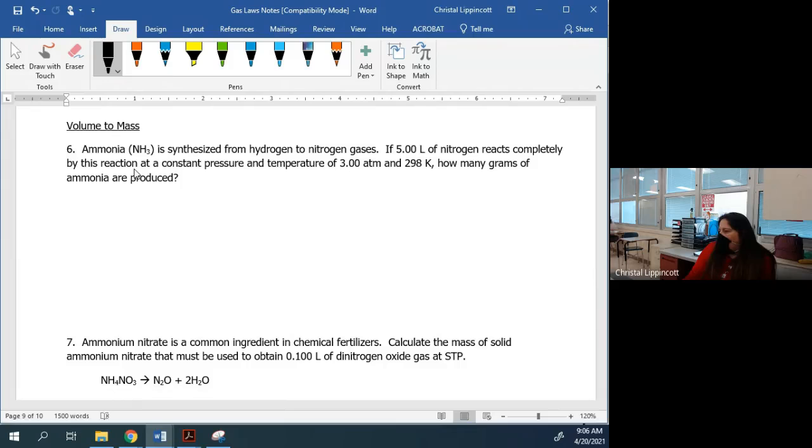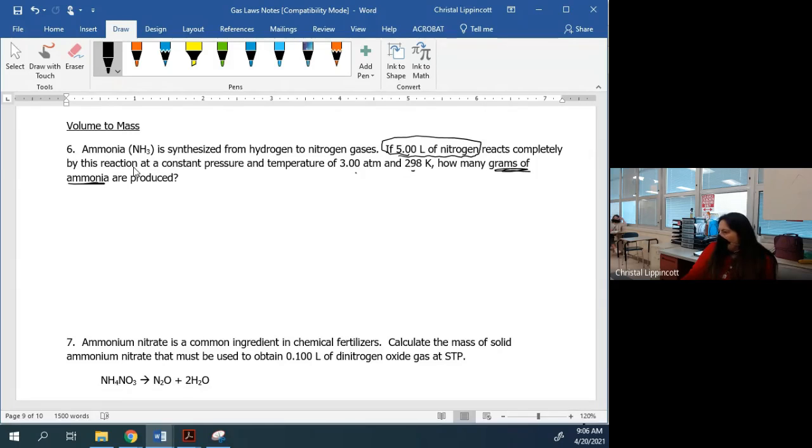So if we are at STP, we can just use Avogadro's principle. But sometimes we're not at STP. So here, they're asking us for grams. They're giving us liters of nitrogen, okay? But they want to know grams of ammonia. Since this is not at STP, we can't use Avogadro's principle.